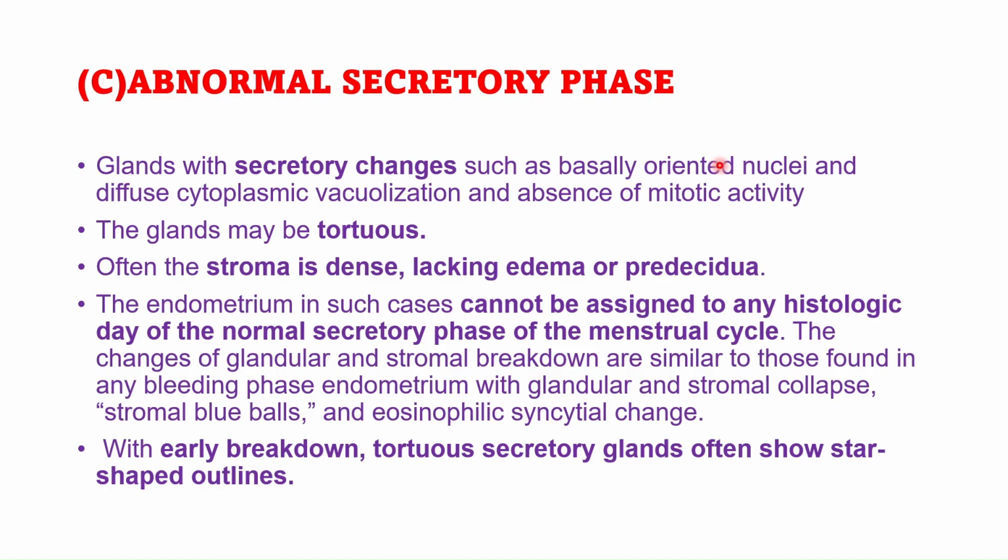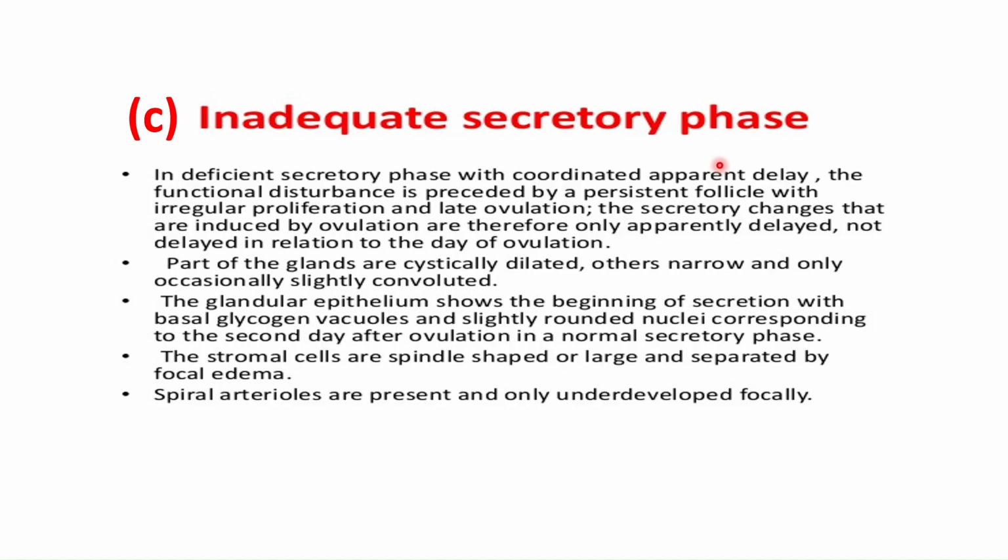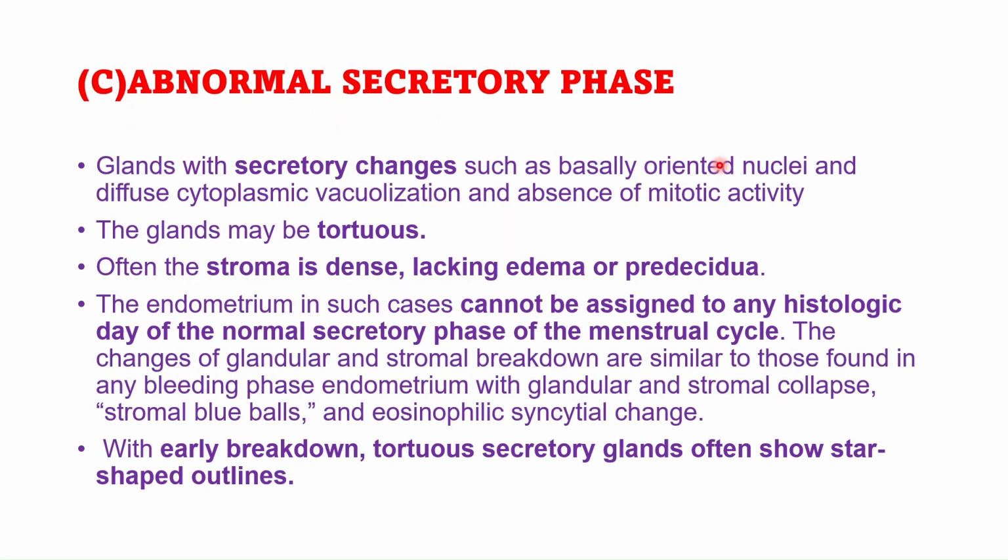Now, abnormal secretory phase. So abnormal secretory phase and inadequate secretory phase are the same. What we will see here are glands with secretory changes such as basally oriented nuclei and vacuolization and the absence of mitotic activity.